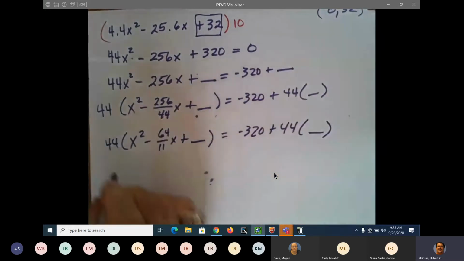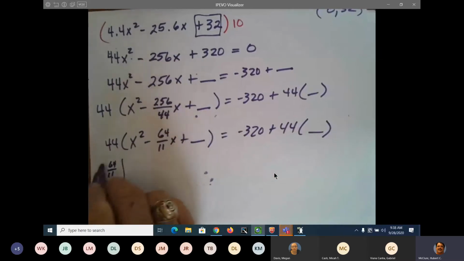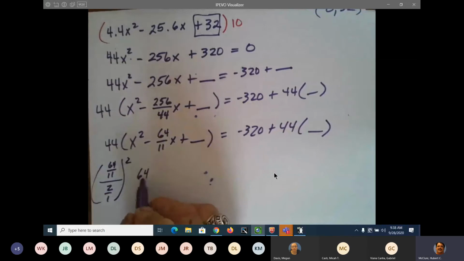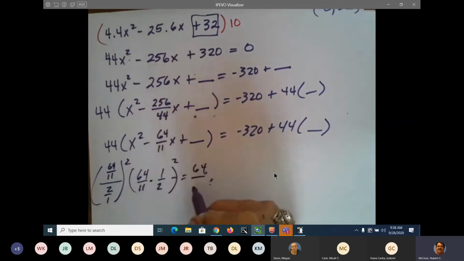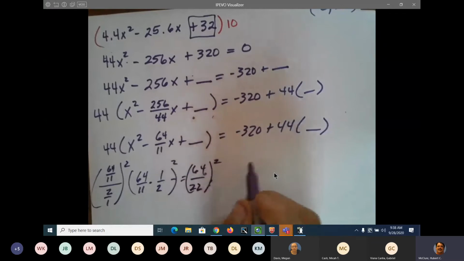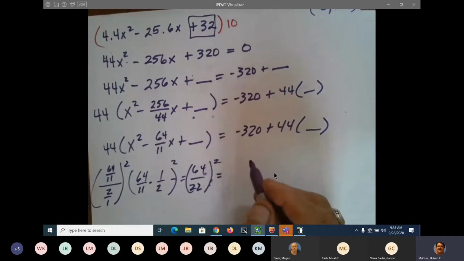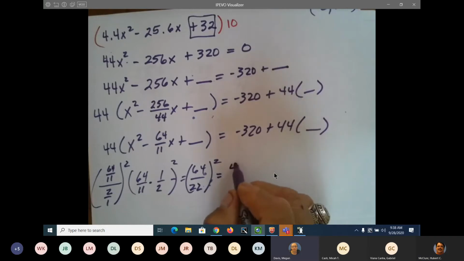Okay, 64 over 11 divided by 2 over 1 and square it. 64 over 11 multiplied by 1 over 2 is equal to 64 over 22, which is going to be a big number, but somebody go ahead and give it to me. What's 64 squared? 4,096.